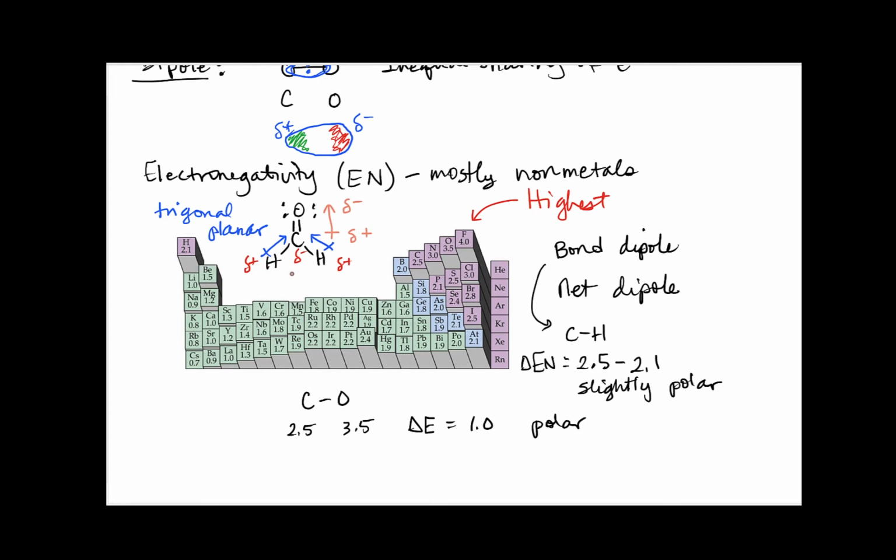So if we think about the net dipole for this molecule, we have the carbon-hydrogen-oxygen relationship here. Excuse me, this shouldn't be a little arrow with a plus on it. I'm going to redraw this down here.